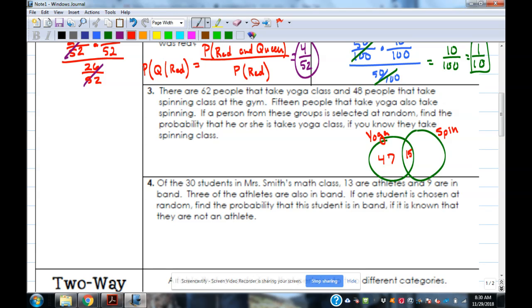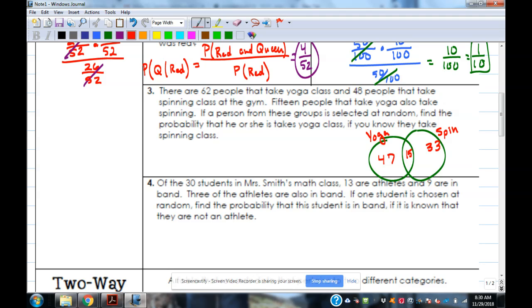So how many people just take spin? All right, now that tells us the total number of people that go to this gym will be 47 plus 15 plus 33. All right, so that tells us that.